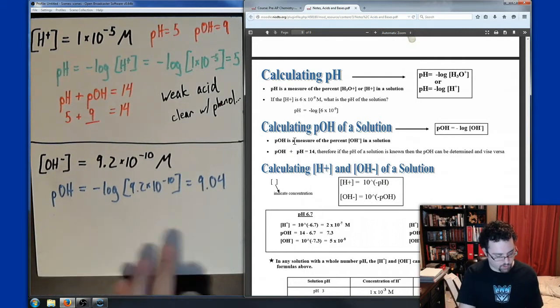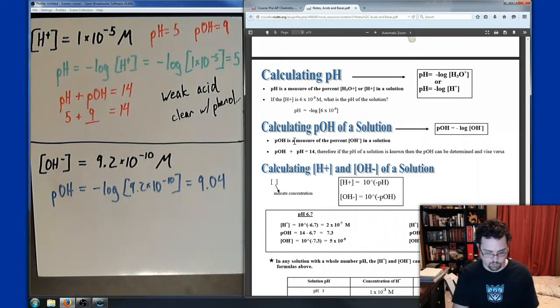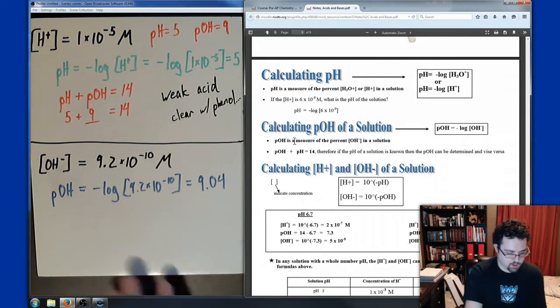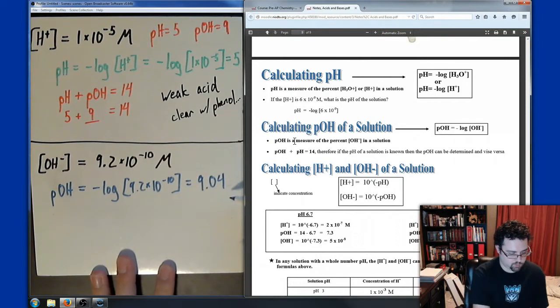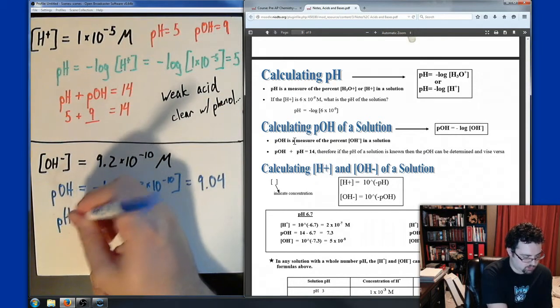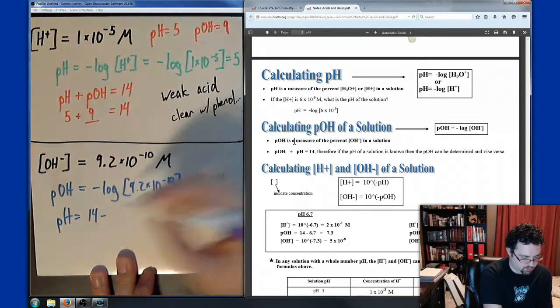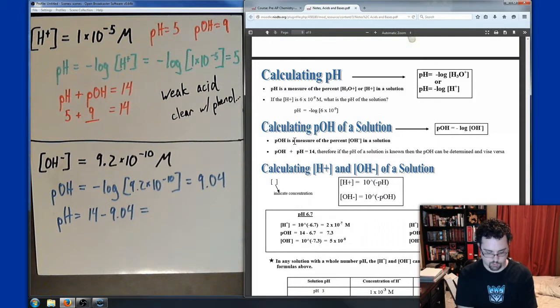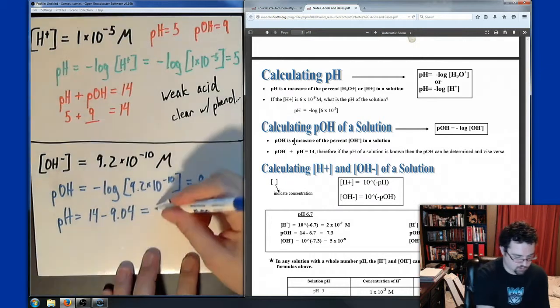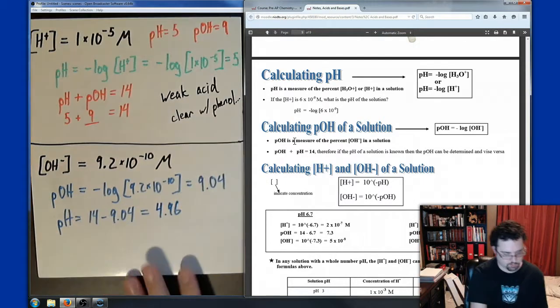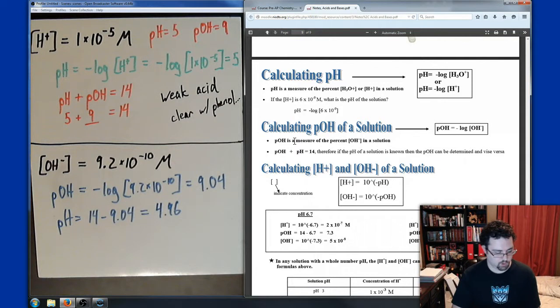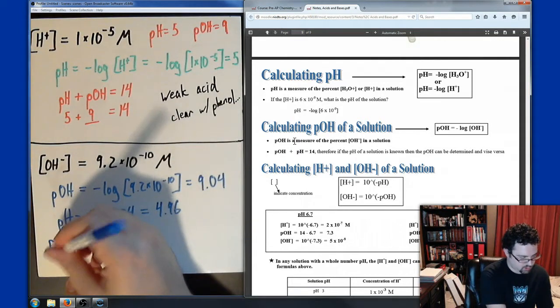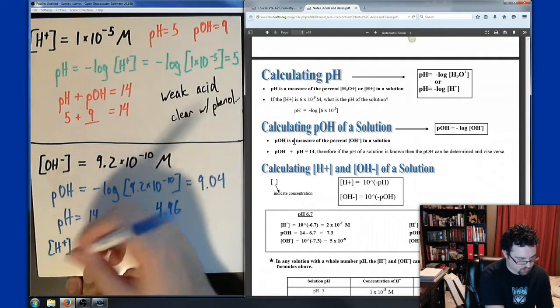So if the pOH is 9.04, the pH is going to be equal to 14 minus 9.04, because together they equal 14. So 14 minus 9.04 is equal to 4.96.